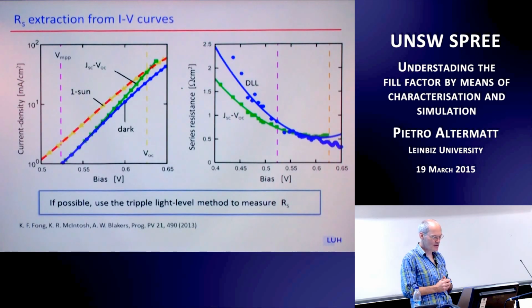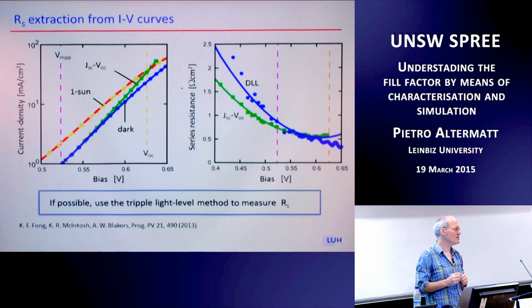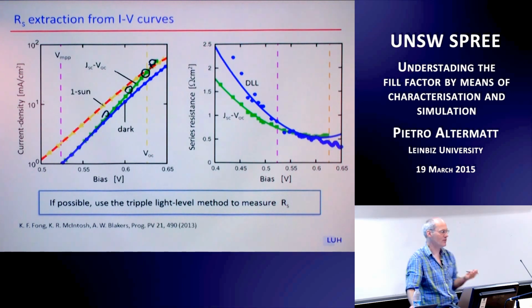So this is also the reason why the JSC-VOC method often underestimates RS. Why? Because a solar cell works under different illumination conditions. So here it works at illumination condition of 1 sun. Down here it's actually only 1/10 of a sun. Down here maybe 1/100th of a sun.